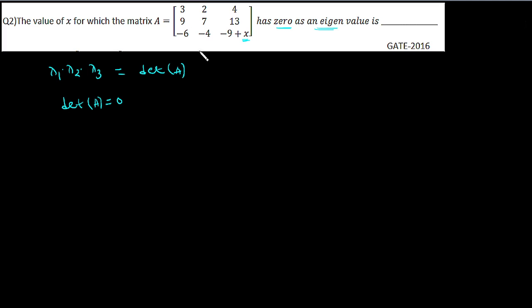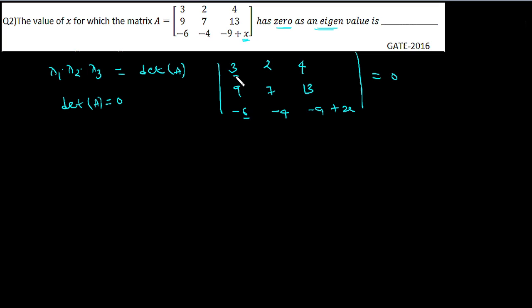Now let's form the determinant of this matrix. Here 3, 2, 4, 9, 7, 13, minus 6, minus 4, minus 9 plus x, and we have to equate the determinant to 0. Now if you look carefully, you observe this element minus 6.